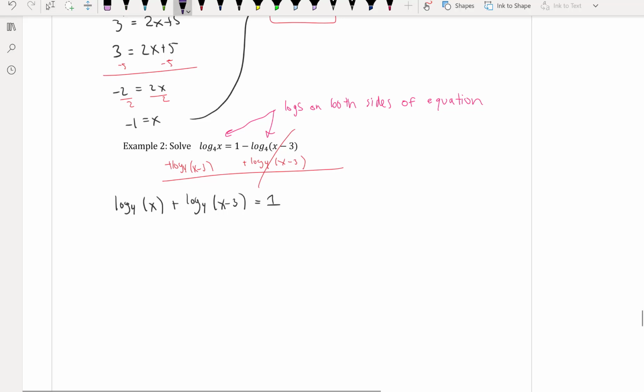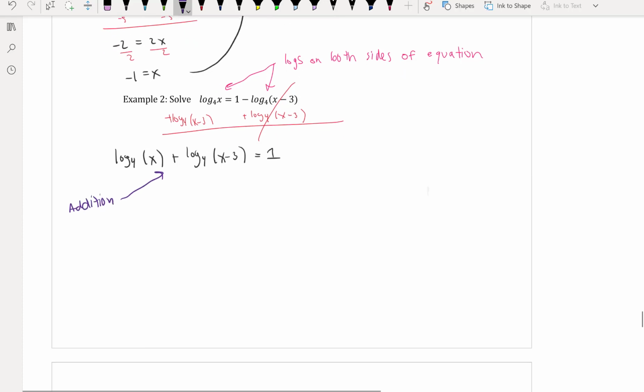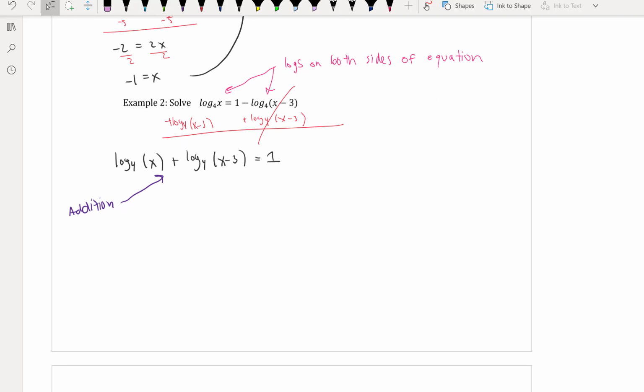Now that I'm here, I have addition. So using my properties of logs, that means I'm going to combine them into multiplication. So I have log base 4. Now I'm going to multiply, so I have x multiplied by x minus 3, and all of this is equal to 1.